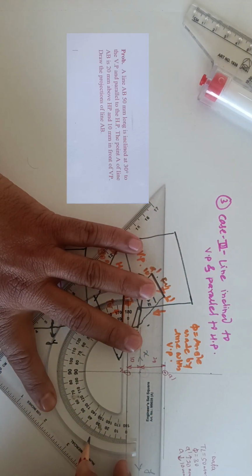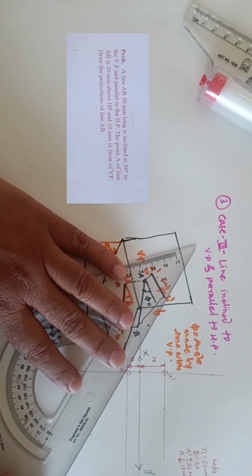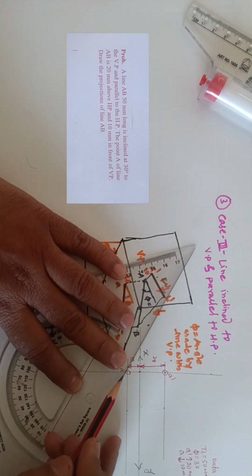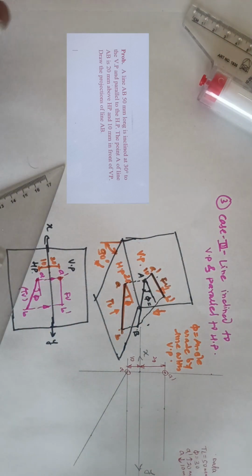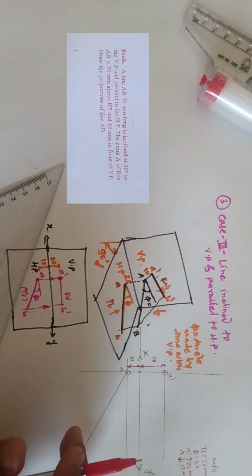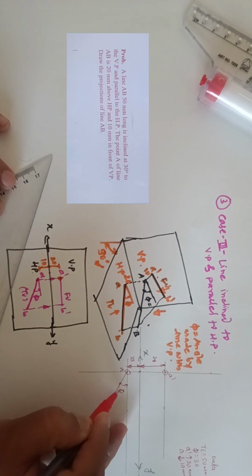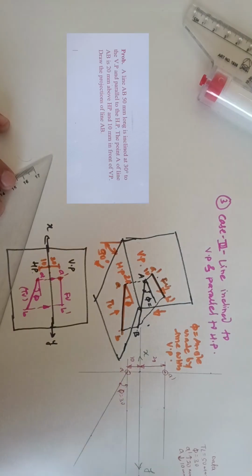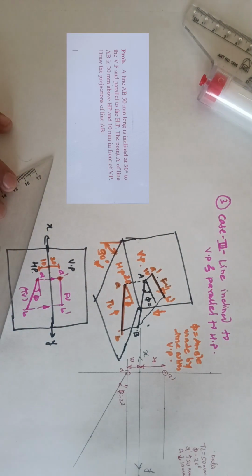So we mark the point at an angle of 30 degrees, and now we join that point with the point A. So here we get the line inclined at an angle of phi. Here I show that angle phi is 30 degrees, and I also write phi is 30 degrees.